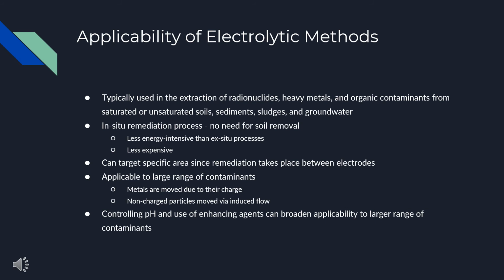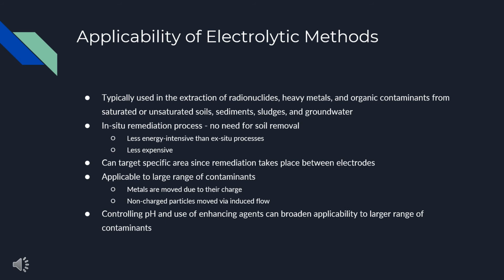It is possible to target a specific area with electrolytic treatment, as electrodes can be strategically placed throughout and around the plume. It is applicable for treatment of a variety of different contaminants, though the mechanism in which these contaminants are removed varies. For example, metals can be removed by electrolytic treatment because their charge draws them to the anode or cathode.